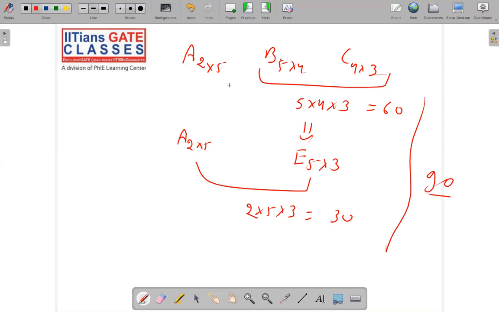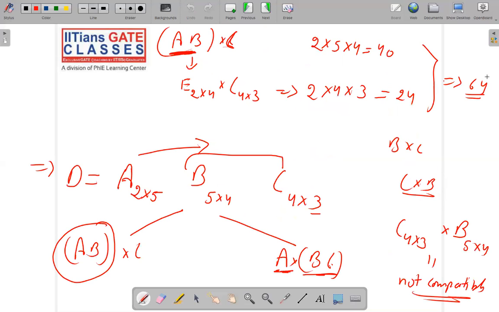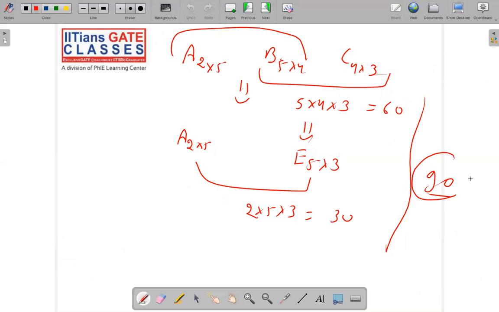Now you know that if you multiply AB first, then the resultant matrix will be multiplied with C. How many operations will that take? 64 operations. And here we are taking 90 operations. Now you can see that is the problem. You have to optimally multiply the matrices. So you have two orders.